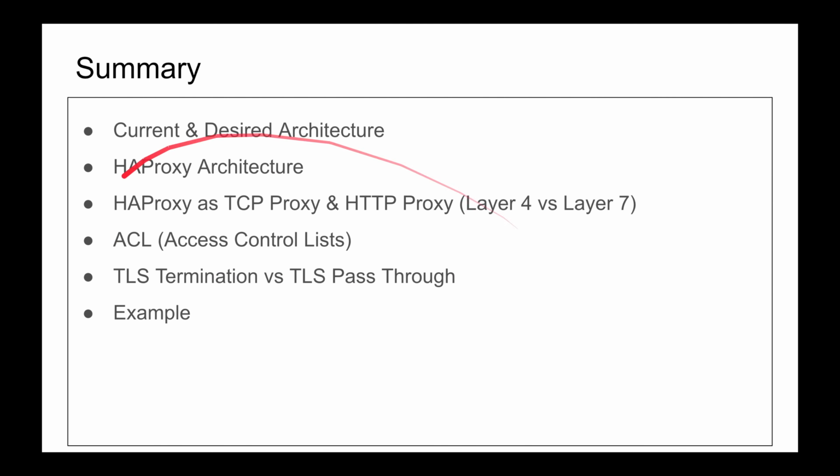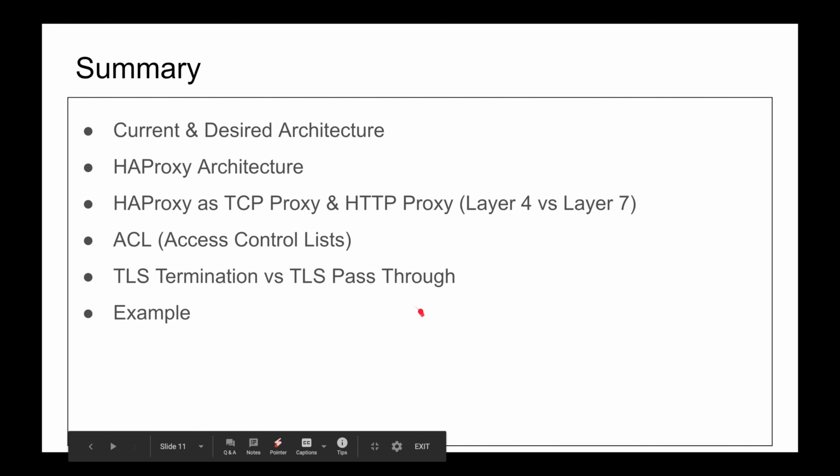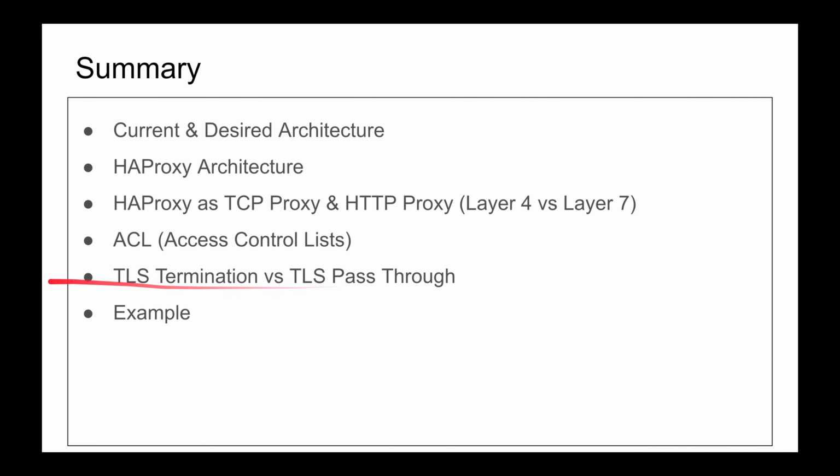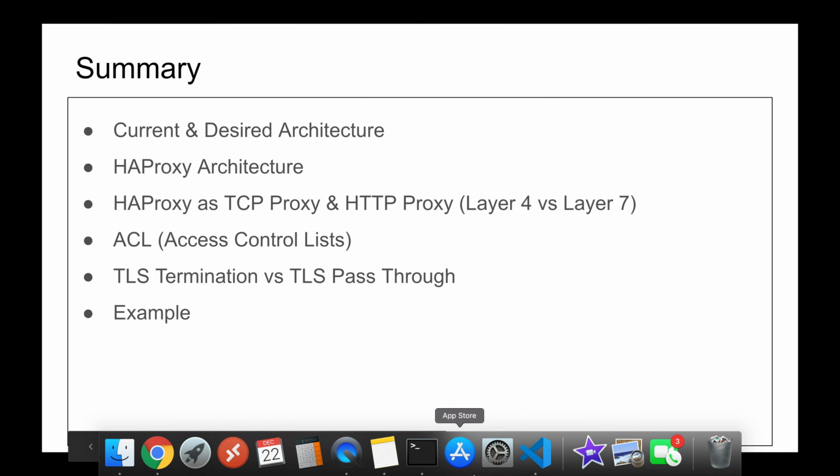We blocked the admin page with an ACL. If we enable TCP and we did an ACL, it will not work, because HAProxy will not have access to the headers or the GET parameters to do that for you. TLS termination, TLS passthrough, powerful concepts, guys. And finally, we did a very lengthy example.